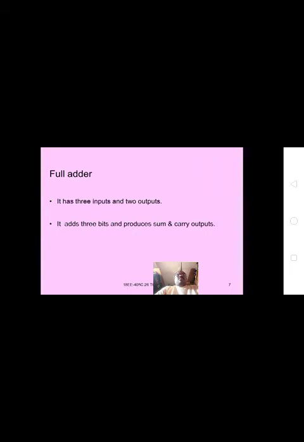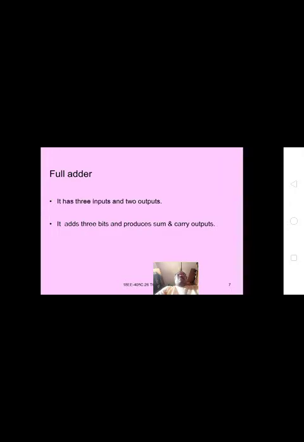Another one is full adder. It slightly resembles the half adder, but it has 3 inputs and 2 outputs. It adds 3 bits, which might be 1 or 0, and the bits may repeat also, and produces the same outputs, that is sum and carry.